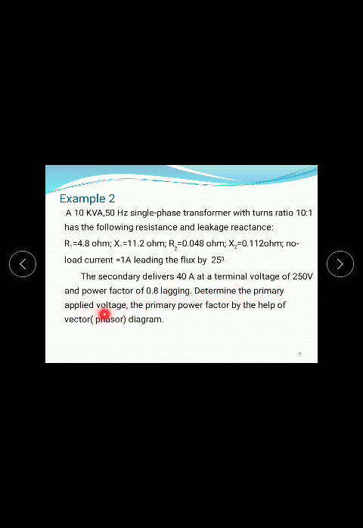Determine the primary applied voltage and the primary power factor, with the help of a phasor diagram.